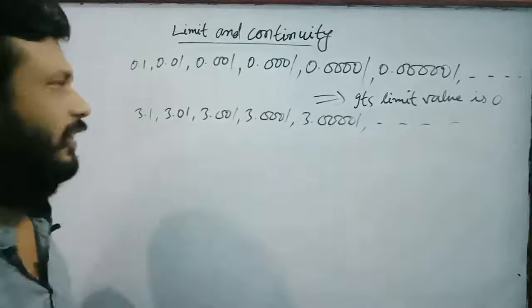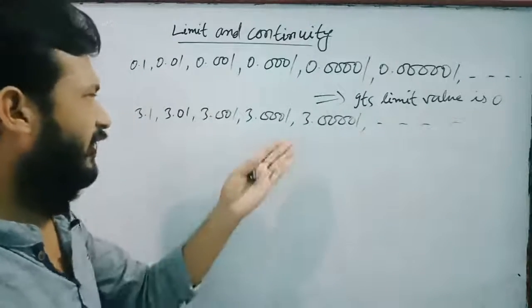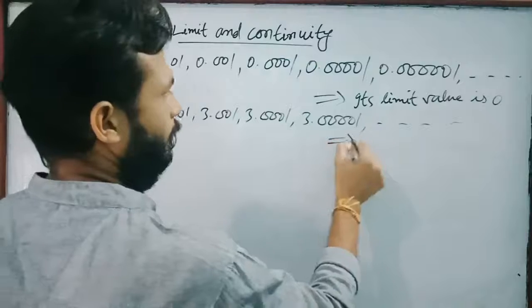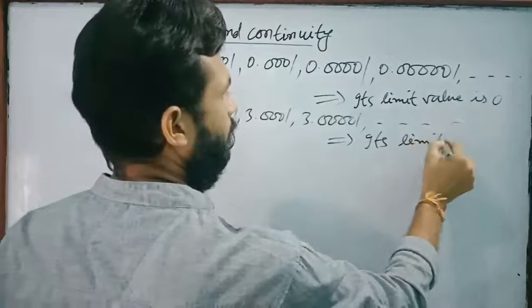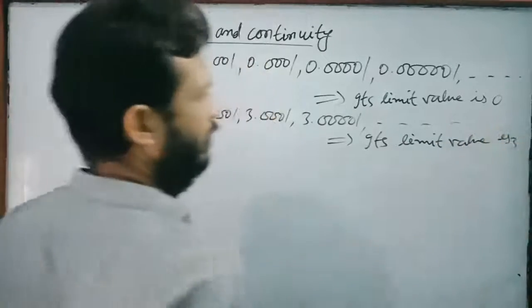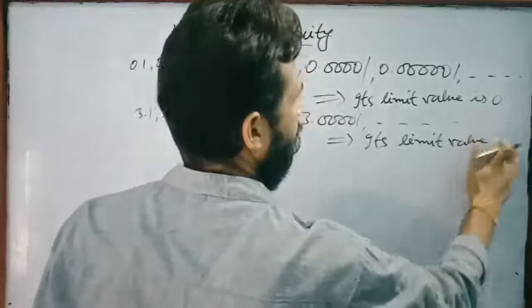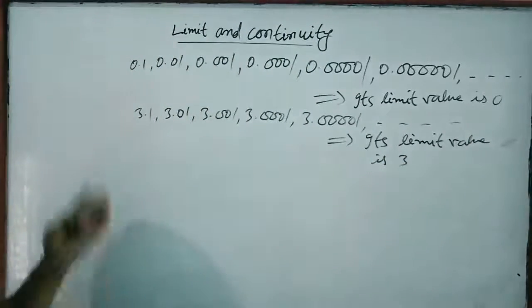I think you can say. Its limit value is what? 3. Yes. Okay, its limit value is 3. Understood? Its limit value is 3. Understood?